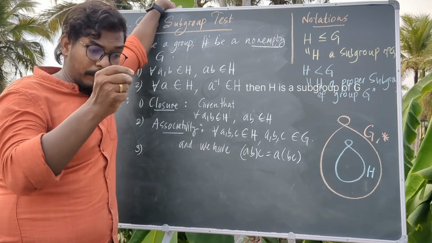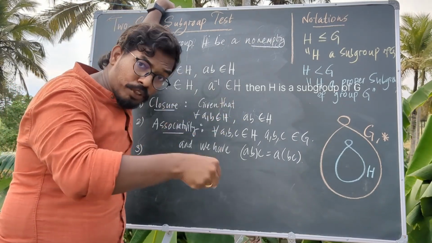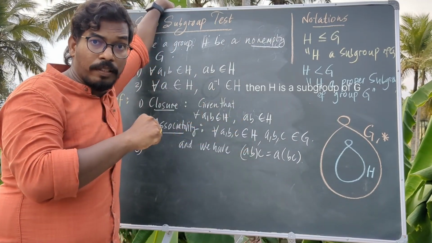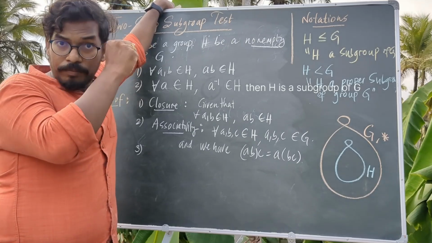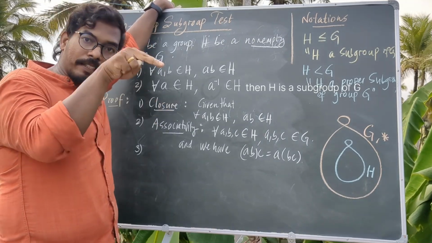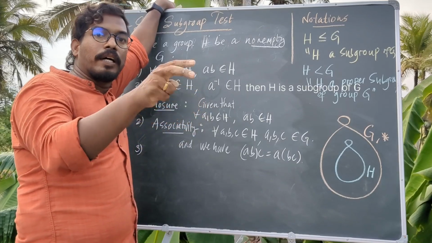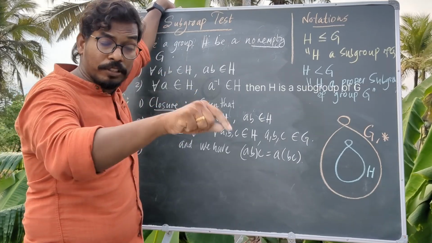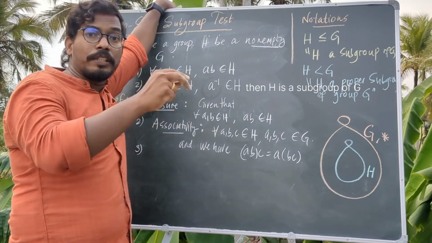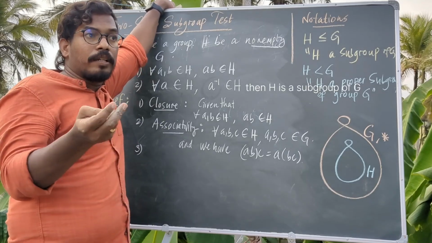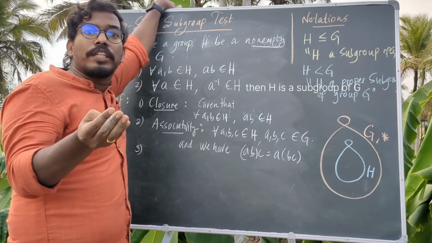So these are existence. If A is in the group, its inverse must exist in the group. And the closure property: if two elements are in the group, their product also belongs to the group. So AB must exist in the group. So these are existence. And commutativity, associativity, these are rules.